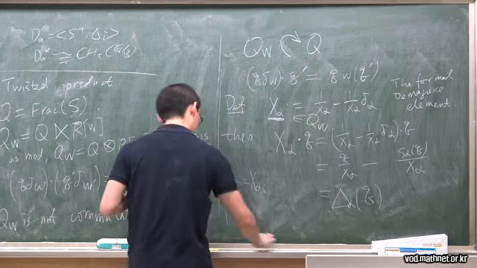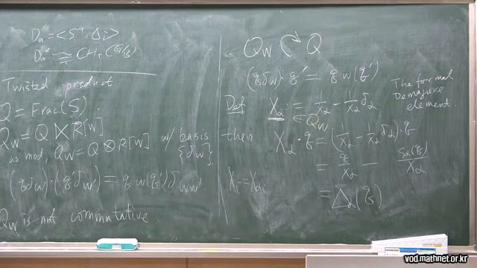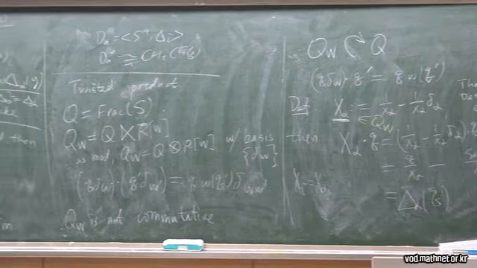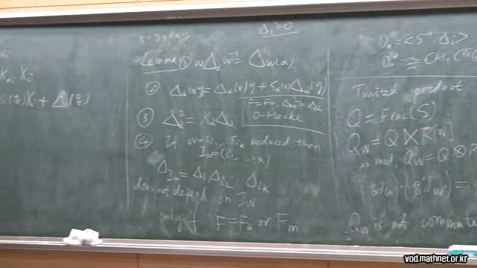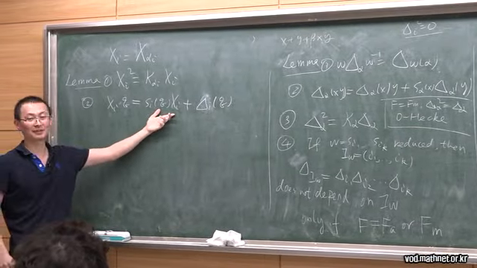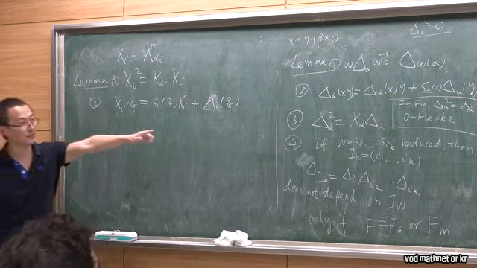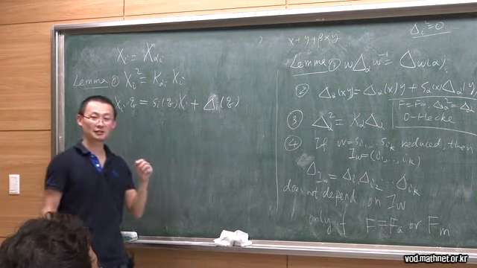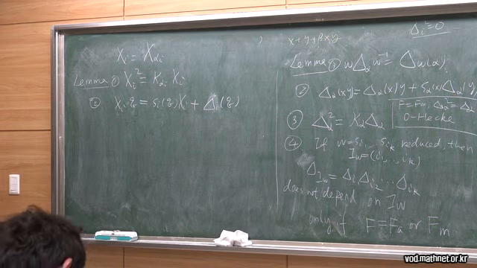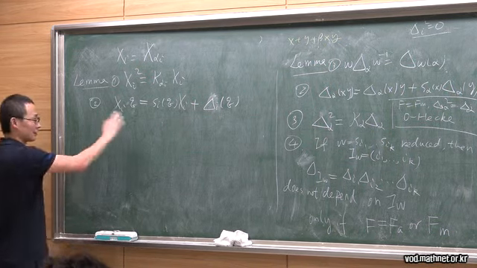That's why I didn't put the product here. That's the product inside QW, so it's another element from QW. So be careful that for the action, now I use the dot. Yeah, that's confusing.